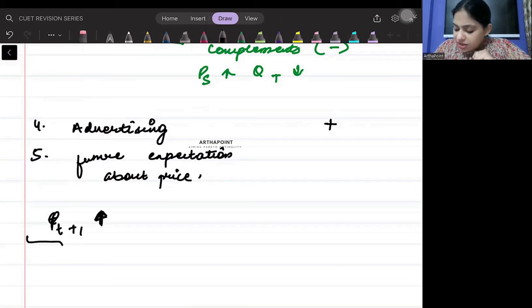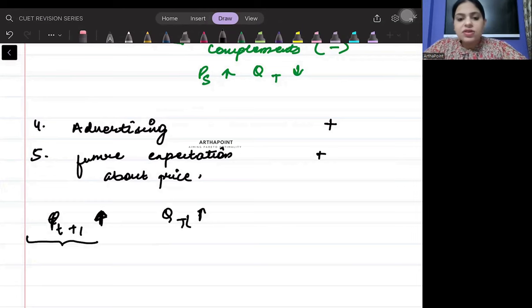So if I think that the price in the future is increasing, जैसे कितनी बार होता है ना that the government announces that next month petrol will be expensive, तो लोग जाके एक बारी के लिए अपना टैंक रिफिल करवा लेते हैं, right? So if I expect price to increase in the future, I will increase my demand in period T today. So there is a positive relationship.